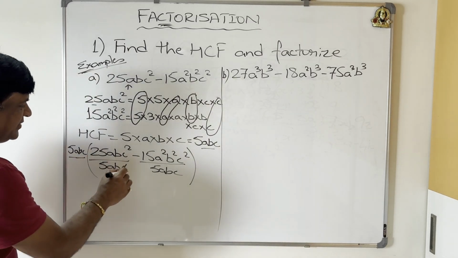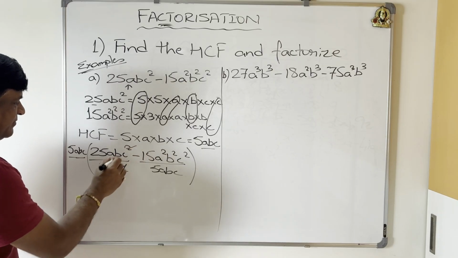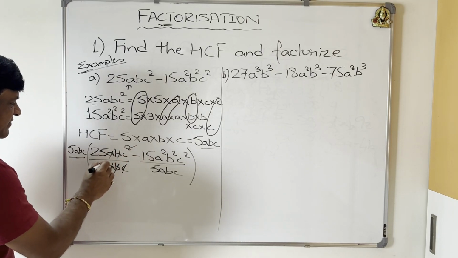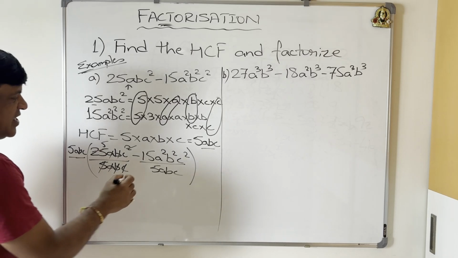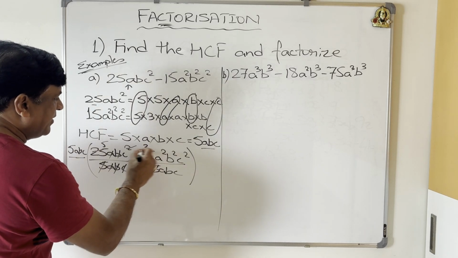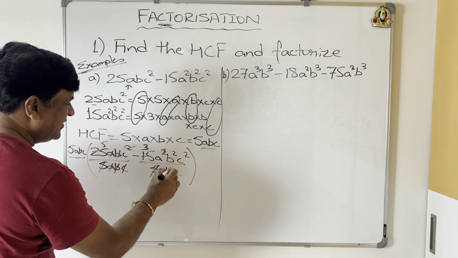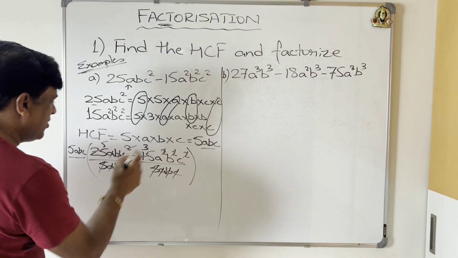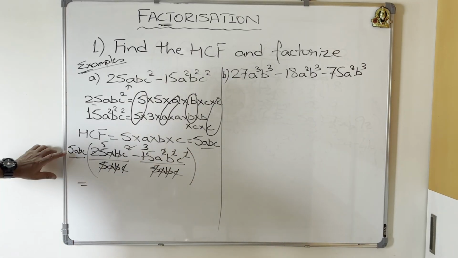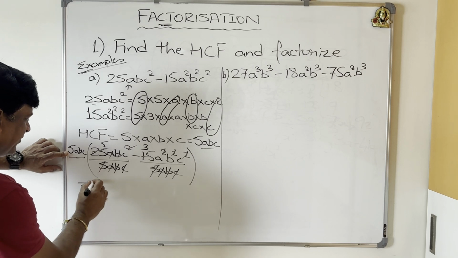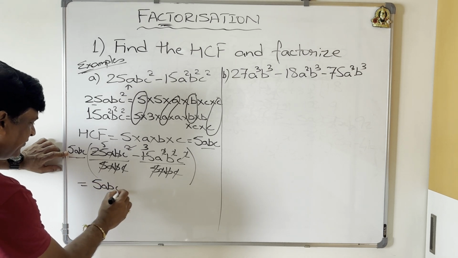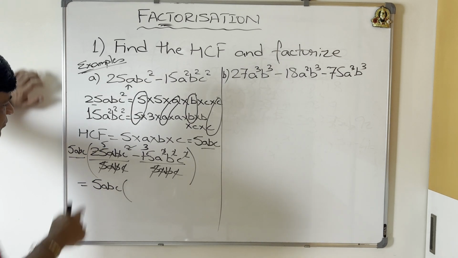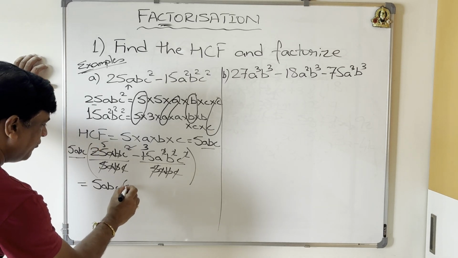So what happens? This c gets cancelled, this b gets cancelled, this gets cancelled, this gets cancelled. Similarly, this becomes 3. A gets cancelled, B gets cancelled, C gets cancelled. So what are you left with? You are left with 5ABC, which is the highest common factor which you have taken out, and inside you are left with a 5 over here.